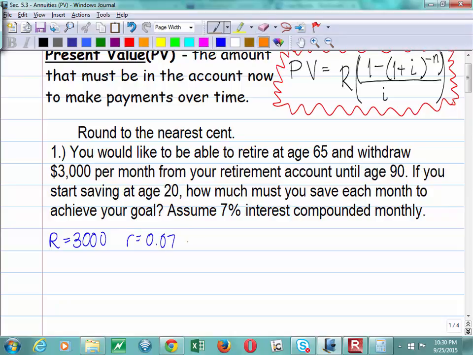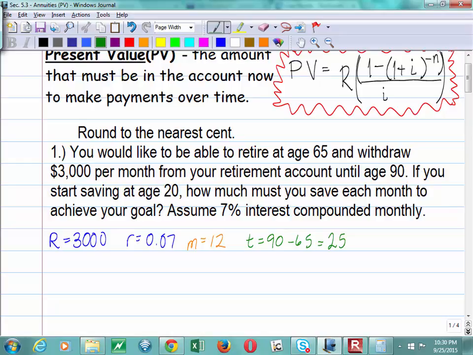And it's compounded monthly. So M equals 12. Alright. And you want to be able to take those payments out from 65 to 90. So let's just do 90 minus 65 is going to be equal to 25.